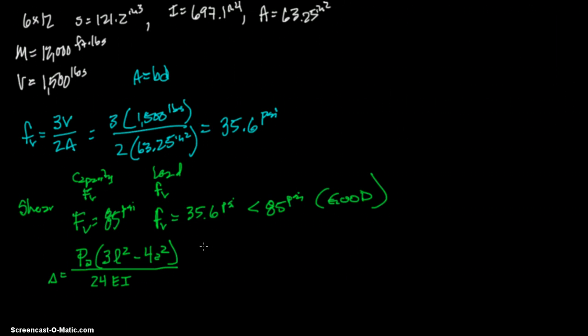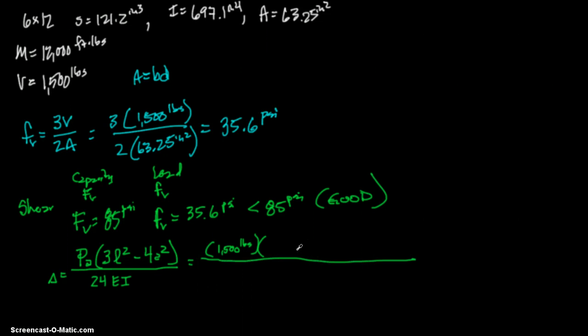And it looks like P is our load again. A, once again, is 8. So let's go ahead and put these in and solve. Remember, we want to go down to inches. We want to change all this foot to inches. So we had P was 1,500 pounds. And let's always do pounds and inches. Let's just go ahead and change everything to pounds and inches. This is going to be kind of long.